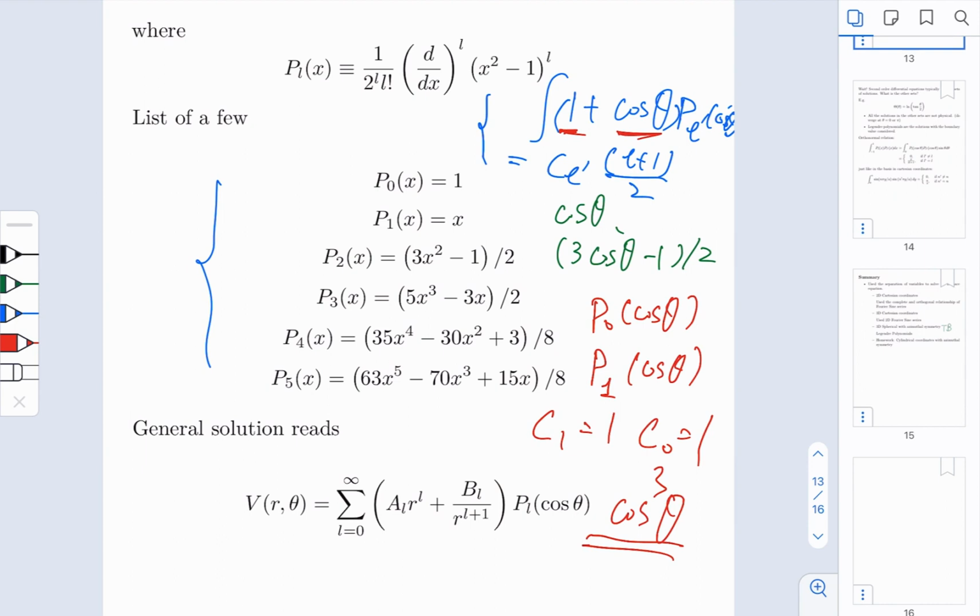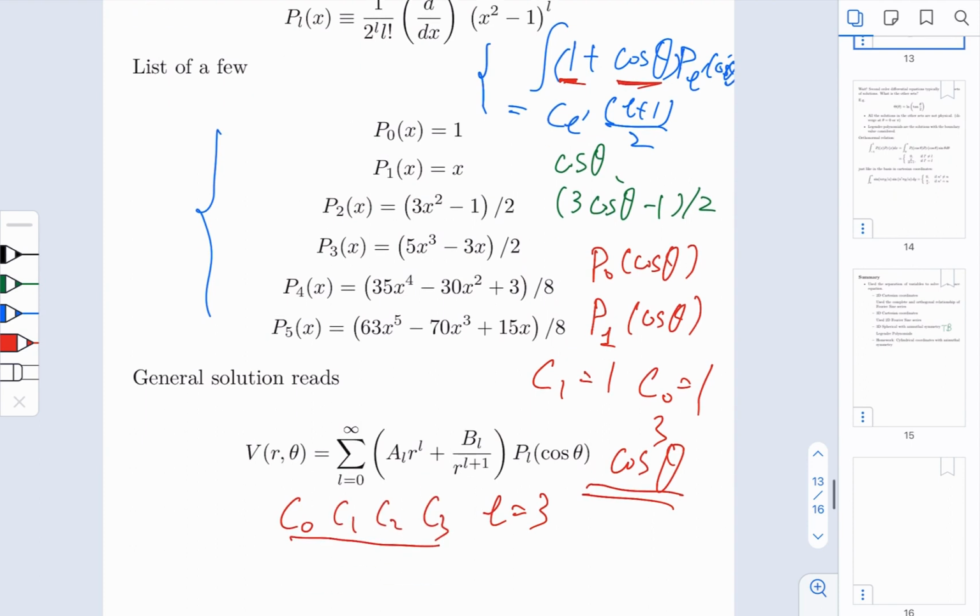So if you do some trig analysis, you can see that eventually the basis in your solution should not go above L equals 3. So you are only going to deal with coefficients C0, C1, C2, and C3, and C4, C5, and all above should be 0, simply by looking at your expression over here.